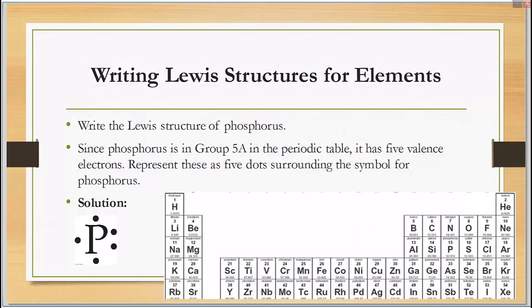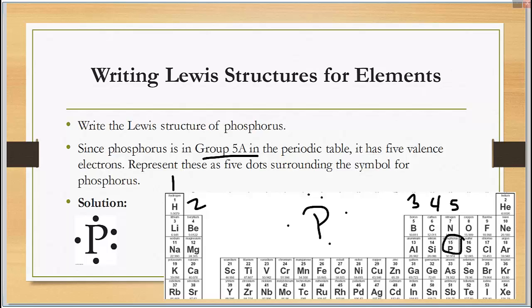So we can write the structure of phosphorus. Phosphorus is right here, in the 5th row, group 5A, on the periodic table. That means it has 5 valence electrons. So we write the letter P for phosphorus, and then we put 5 dots around it. 1, 2, 3, 4, and then we have another one.